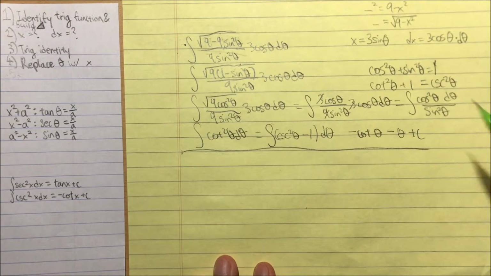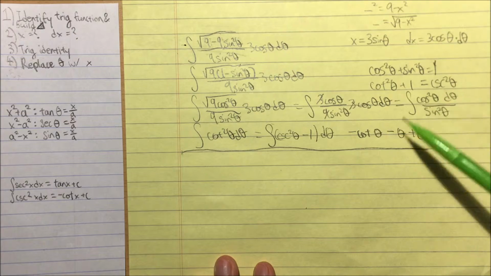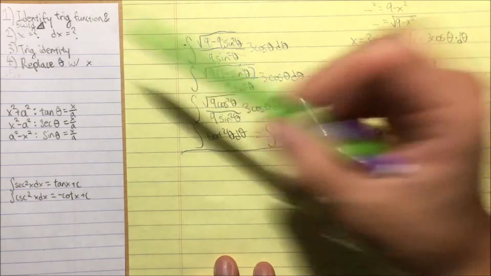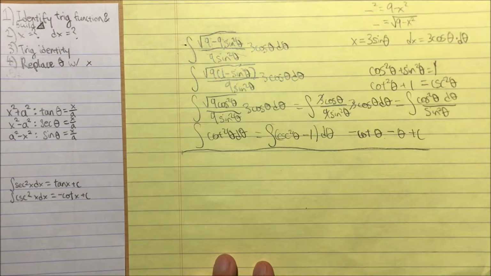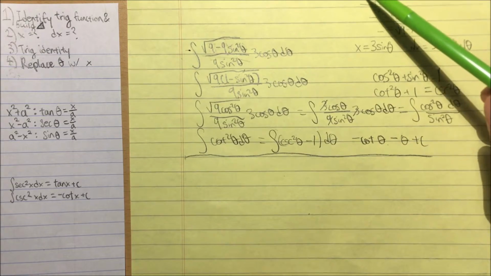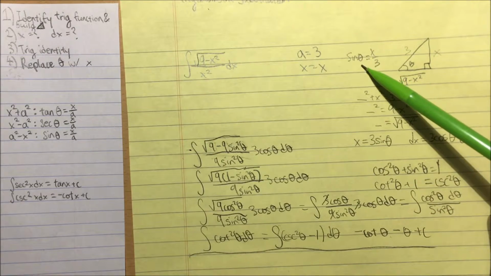And moving on, we just need to substitute theta for values of x, as step 4 says. To find theta, we have to work with the original trig expression right here.